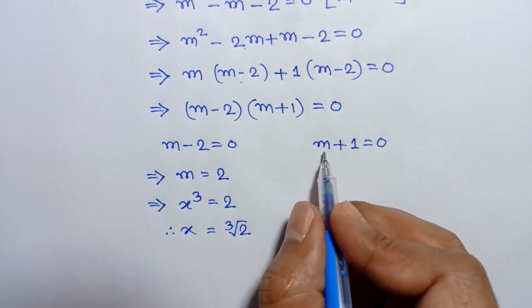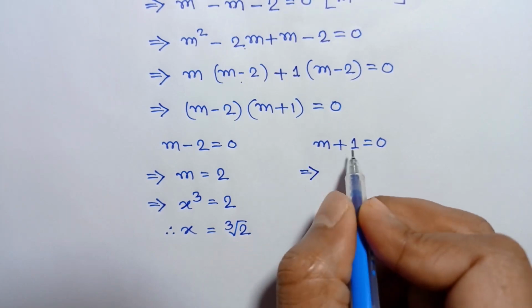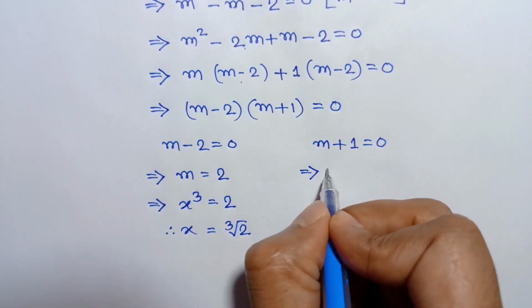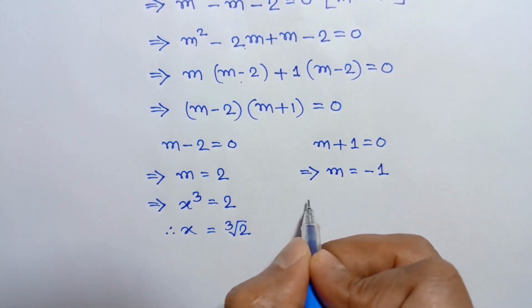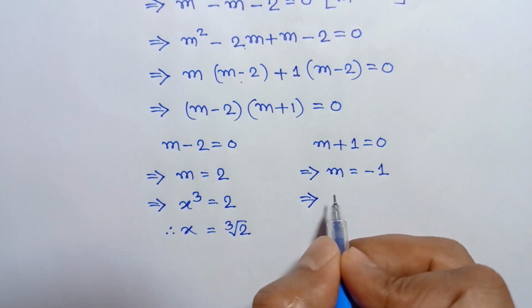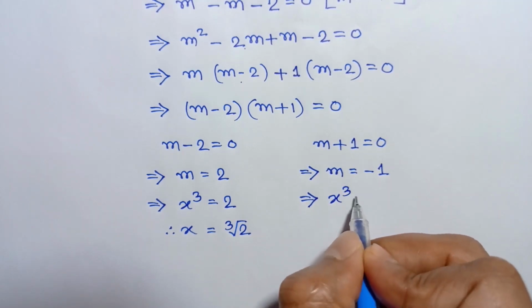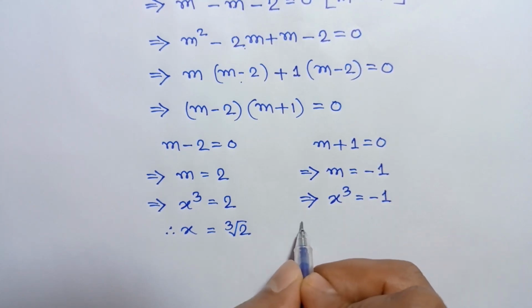Again, when m plus 1 is equal to 0, taking this 1 to the right side we will have m is equal to negative 1. Substituting the value of m, x cube is equal to negative 1.